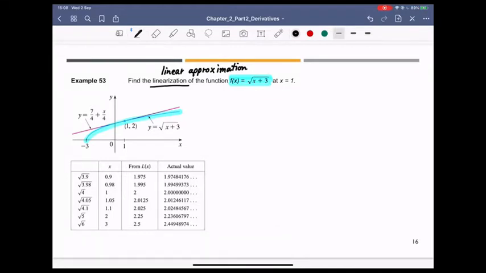So the equation of the linear approximation, if you want to find the linear approximation, we're going to label it as our function L. So our function is going to be L equal to f(a) plus f prime of a times x minus a.